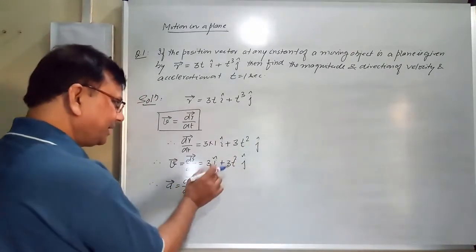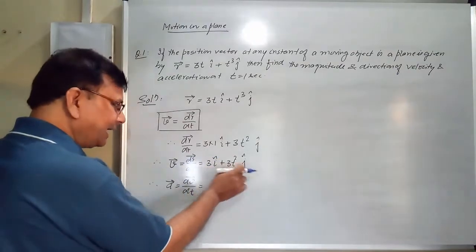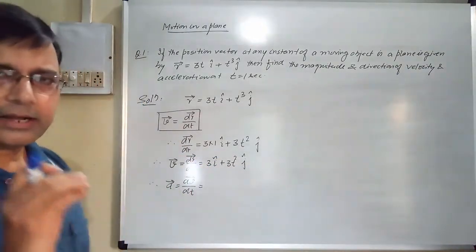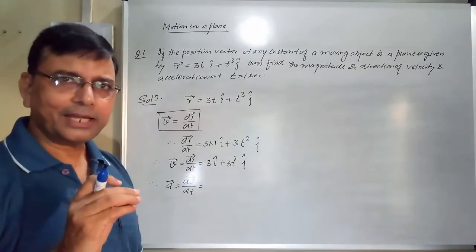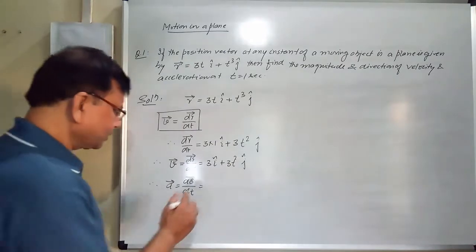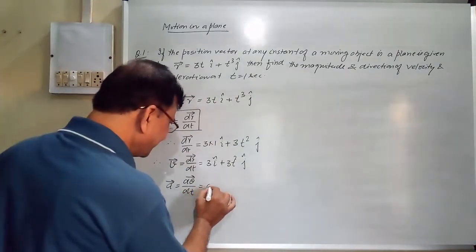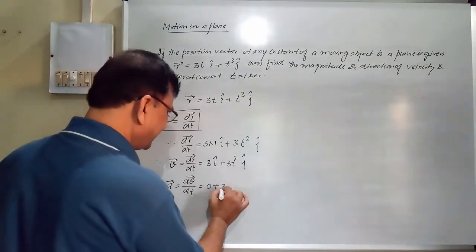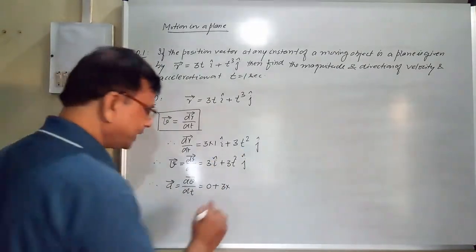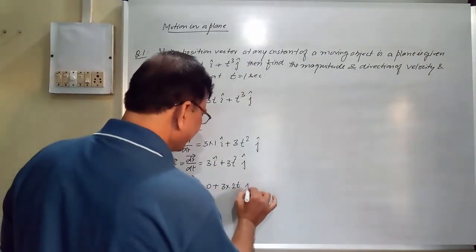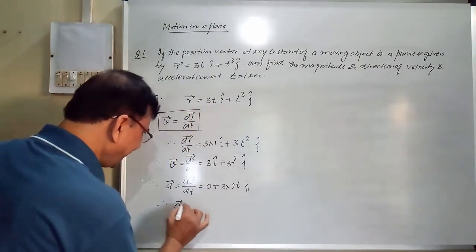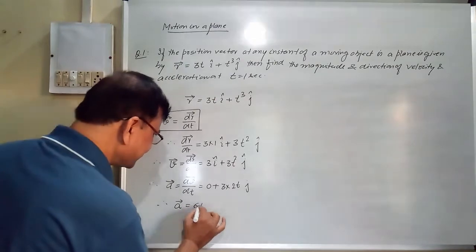Again we are differentiating, that is 3 i and j will remain as it is. 3 is a constant, and a constant term, if it is differentiated, its value is 0. So this is 0i plus 3 into t square. If it is differentiated with respect to t, we get 2t and j. So therefore acceleration a is equal to 6tj.